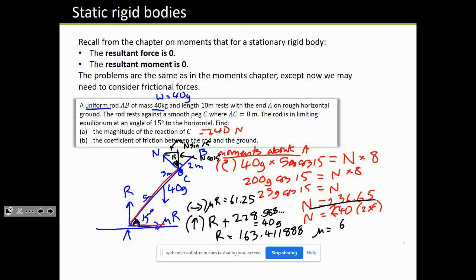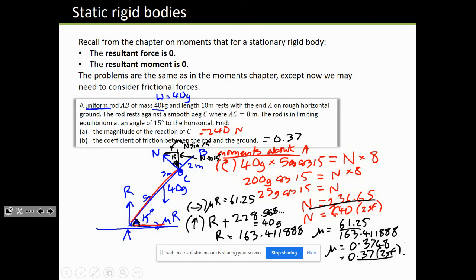So that's 61.25 divided by 163.411888. When I do that, I get a value for mu as 0.3748, which is 0.37 to two significant figures. And therefore, we found the coefficient of friction.